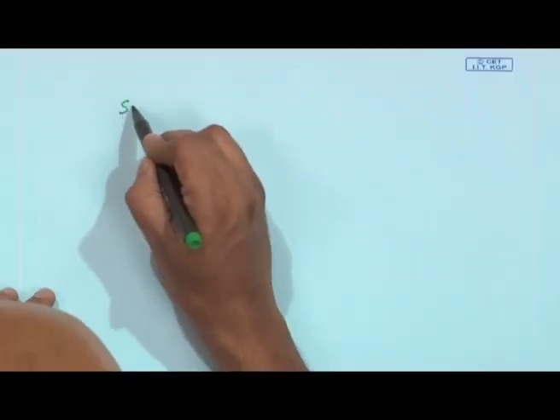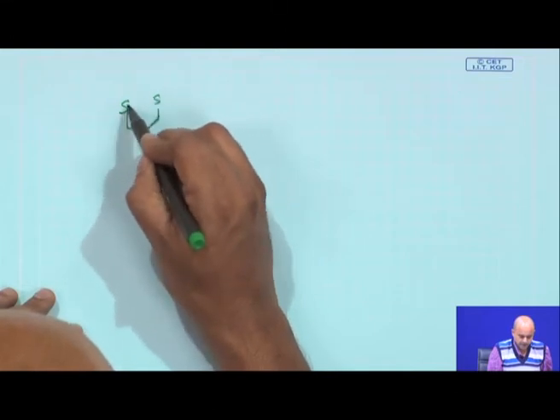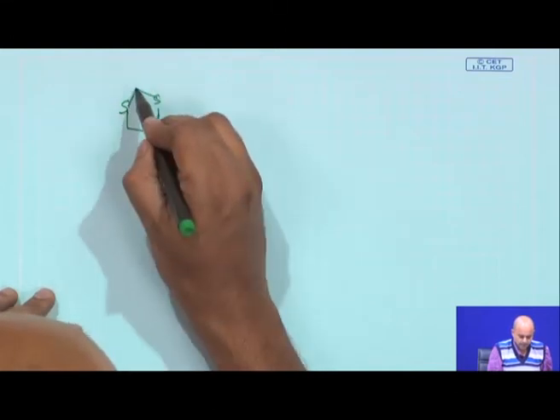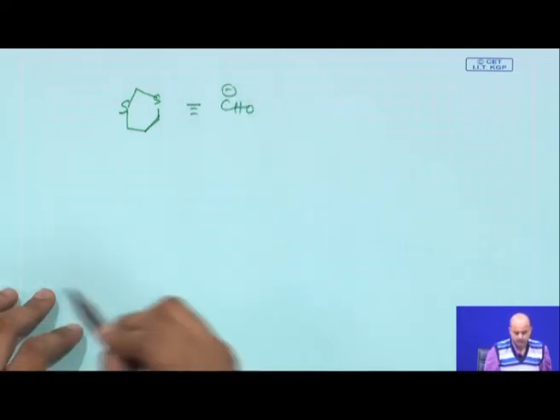Now, we always talked about this dithiane chemistry. Are there any other ways to generate this kind of species? I said this is a nice equivalent of formyl anion.